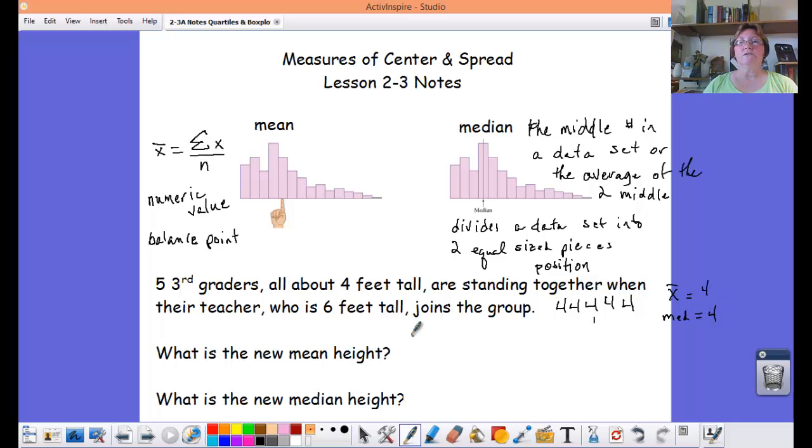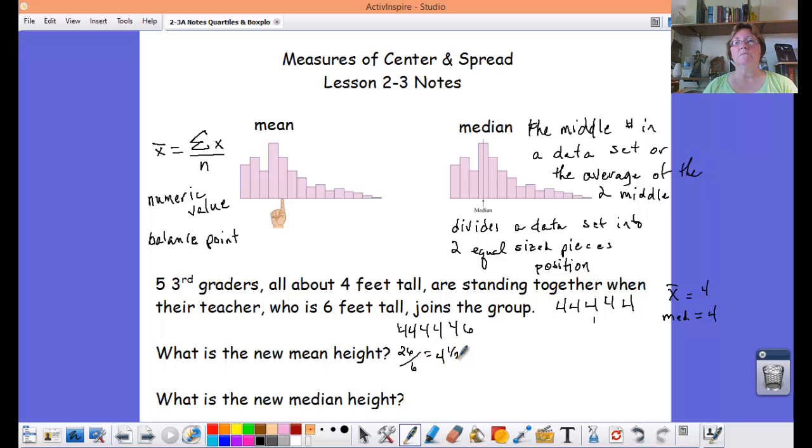As soon as the teacher joins the group, however, things change. So we still have our third graders here, all of them at 4 feet tall, and all of a sudden here's the teacher. So you think about that mean. Instead of 20, now we're at 26, divided by 6, it would be 6 people instead of 5. And that goes in there 4 with 2 left over. 2 6 is a third.